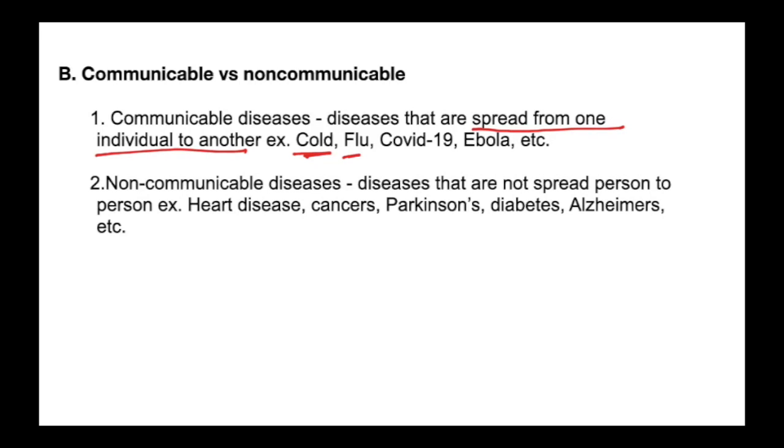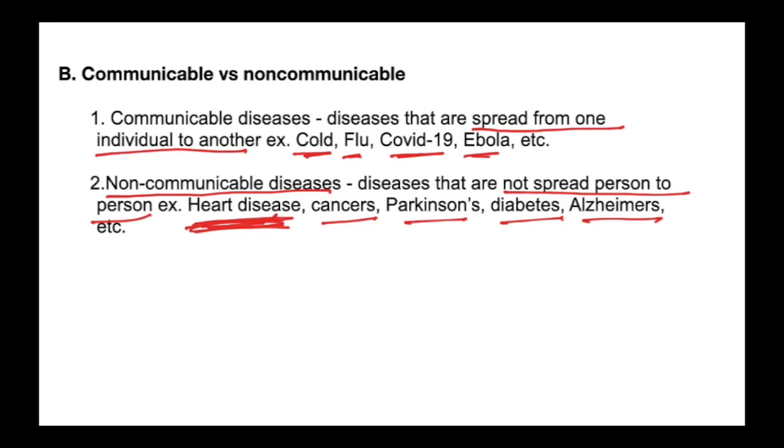Okay, so a communicable disease just means a disease that can be spread from one individual to another. So the cold, the flu, COVID-19, Ebola. So you sneeze, the guy next to you can get it. Non-communicable diseases are diseases that are not spread person to person. So like heart disease, cancer, Parkinson's, diabetes. So maybe you know somebody that has heart disease.